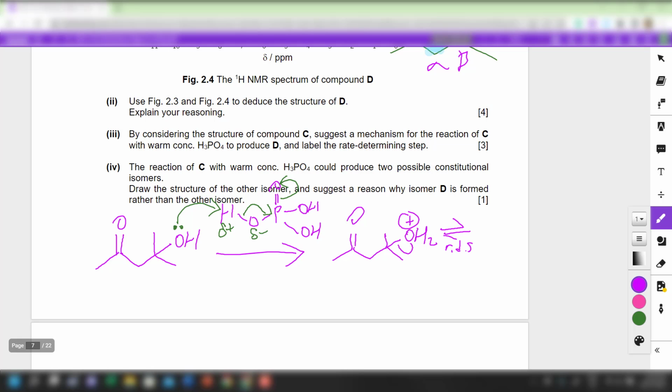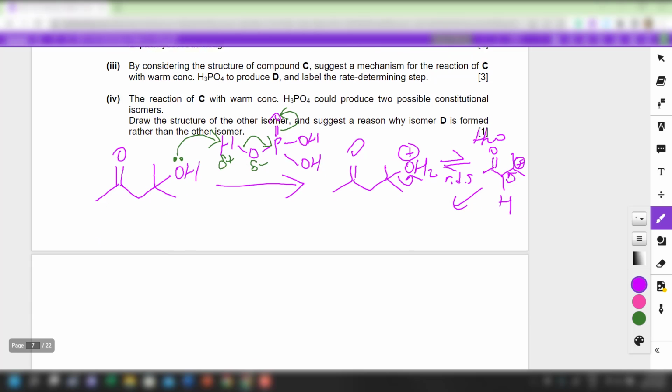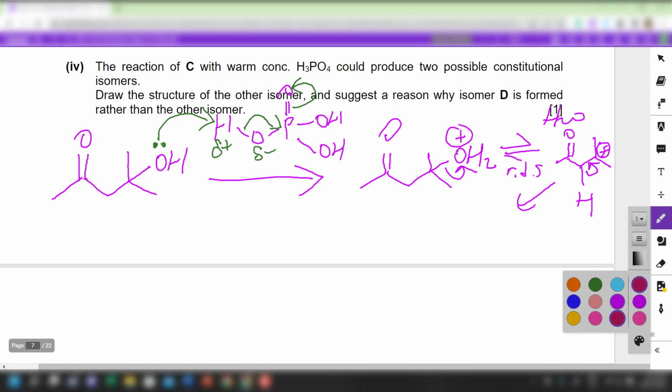Then of course this breaks, and I have H2O being produced, and at the same time I form a carbocation, and then the H will be lost as H+. If you wish to, you can use the conjugate base to abstract this particular proton.